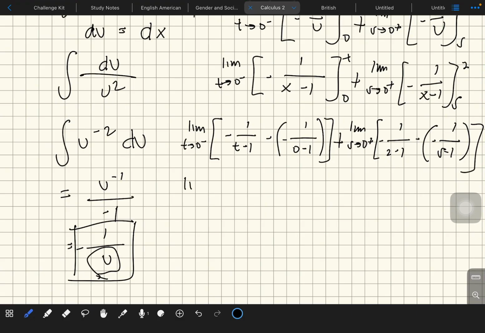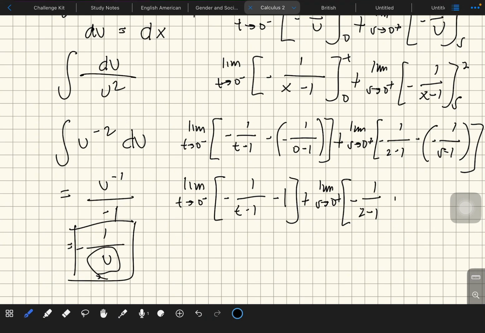So limit t approaches 0 from the left, this will become negative 1 over t minus 1, minus 1, plus limit where s approaches 0 from the right, negative 1 over 2 minus 1.